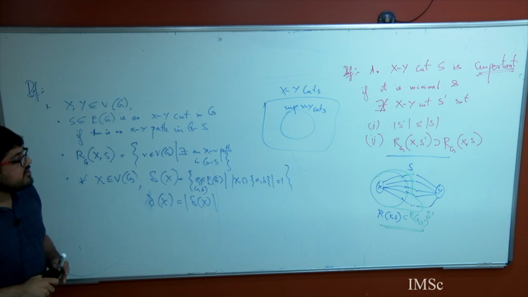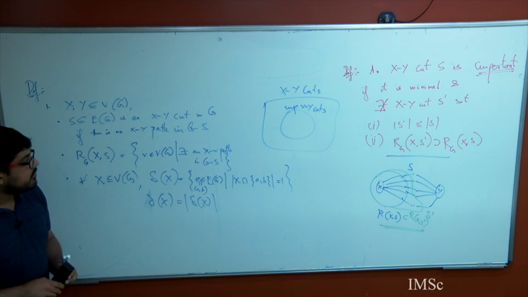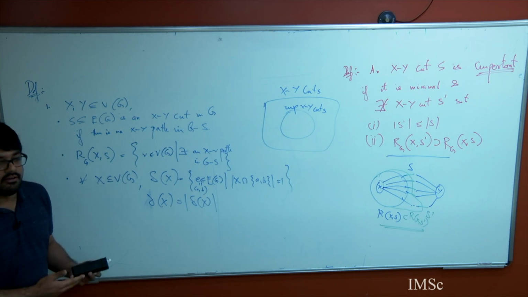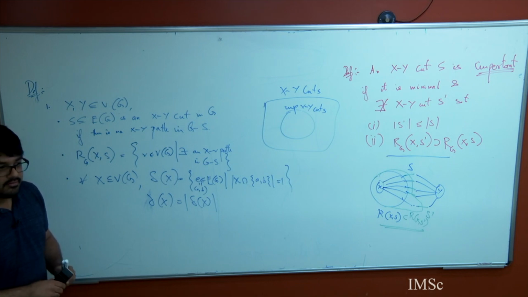But now this brings up the question, well, how many of these are there? Well, that seems like a very vague question at the moment. Let me now make it a bit more formal and a bit easier. How many important XY cuts of size 10 are there in the graph, right?